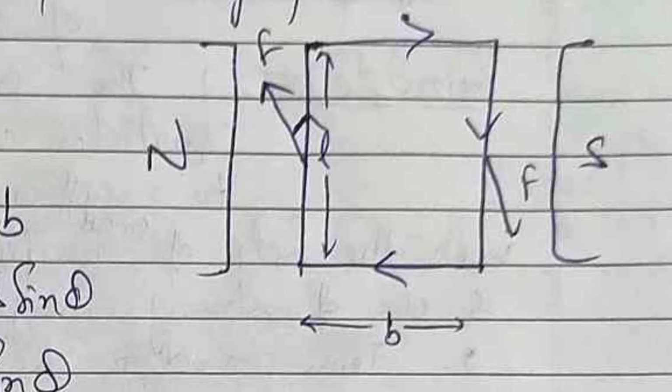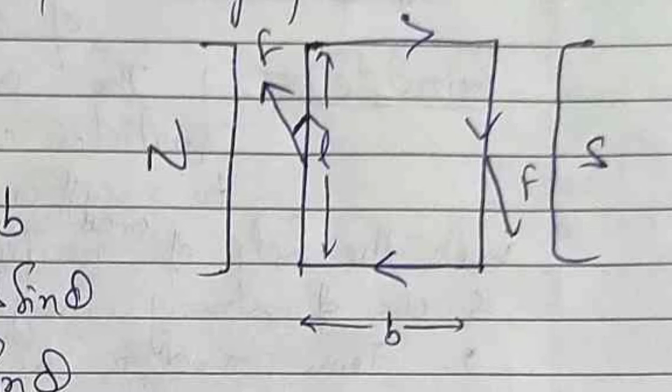Why? Because of Fleming's left-hand rule. The current is in opposite direction, so force will also be in opposite direction. So here comes the idea of torque. When two forces act on a body in opposite directions, the body will rotate. And when the body is rotating, there is a torque. And the torque is force multiplied by the perpendicular distance.